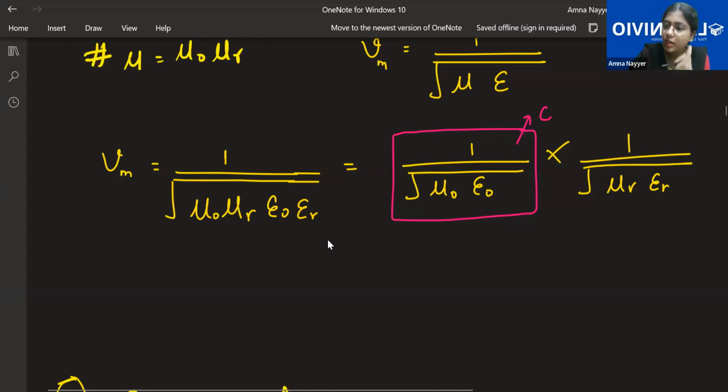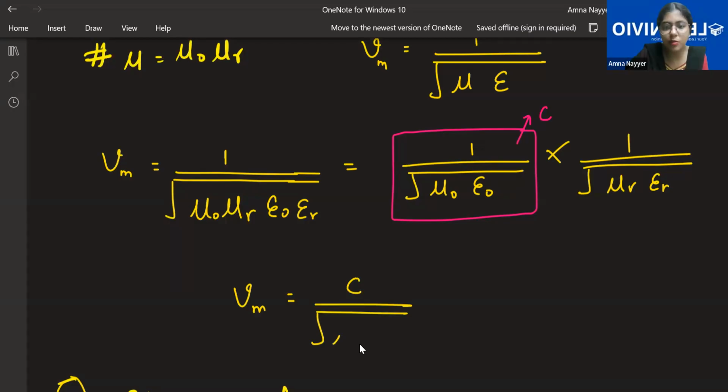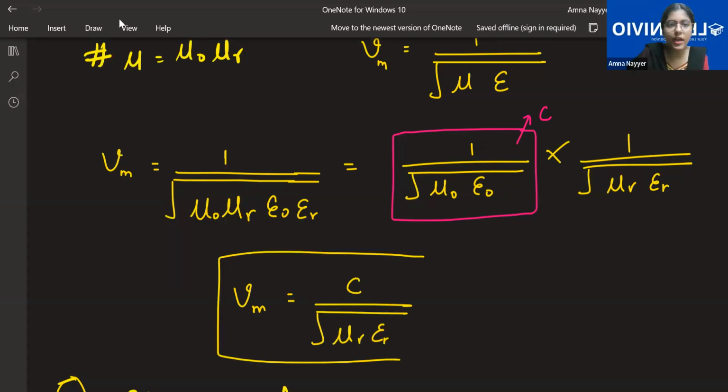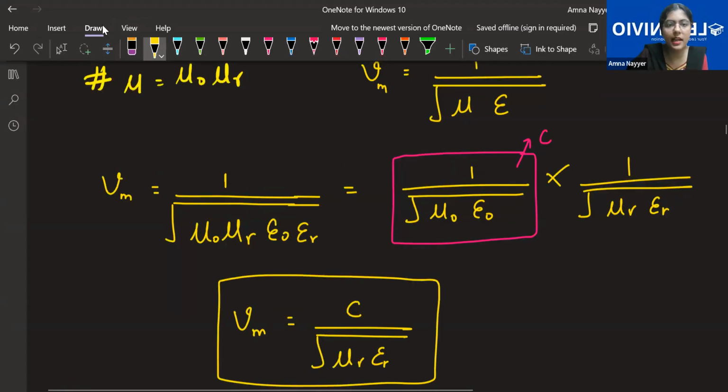The value 3 into 10 to the power 8 meter per second is exclusively for air, because we took mu naught and epsilon naught, the ones that you were answering for the peak values. Now comes your medium. The speed of an electromagnetic wave in a medium can be given by C divided by under root of mu r into epsilon r, where these are the relative terms.